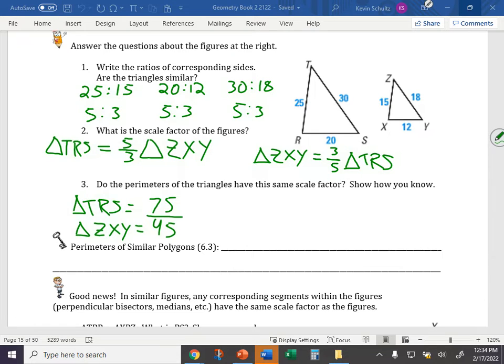Does that ratio, 75 to 45, simplify to be 5 to 3? Yes, it does. Divide both by 15, and you get 5 to 3. So, who can give me the perimeters of similar polygons? What can we conclude about them?